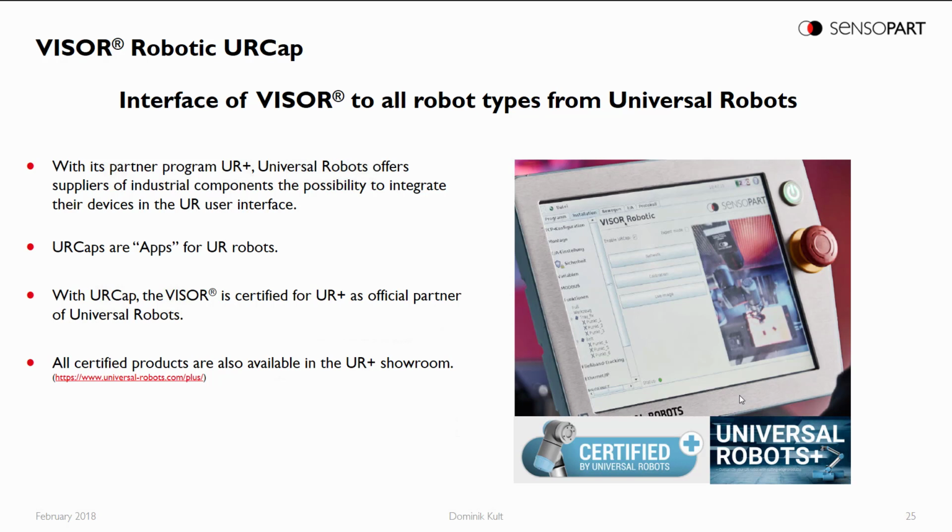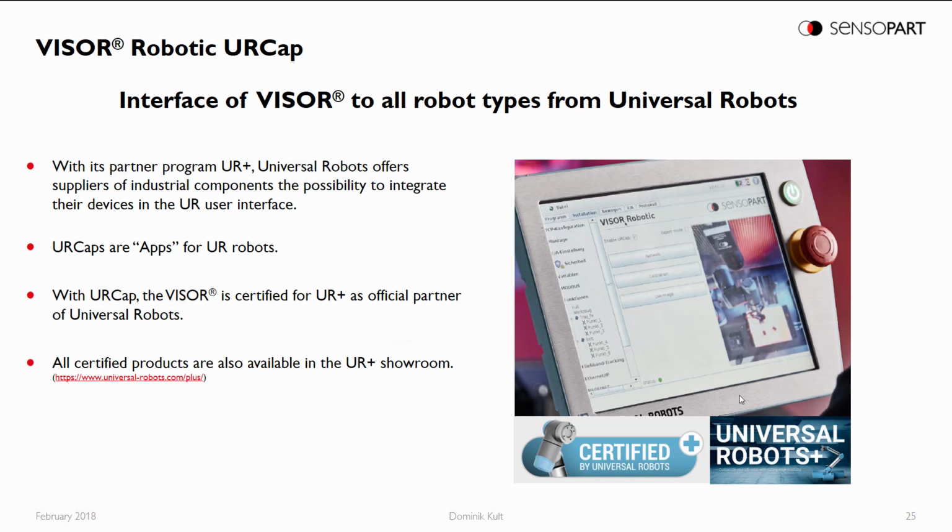The UR cap, you can see it like an app for a UR robot as you know it from your private mobile. That means when you have installed the UR cap on your UR robot, you don't need extra software. Our VISOR is directly in the UR user interface.